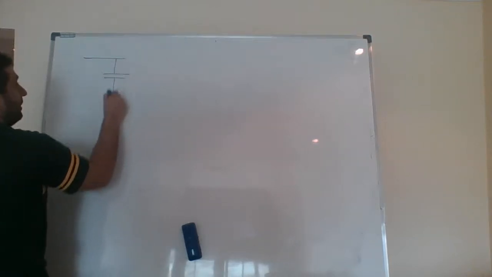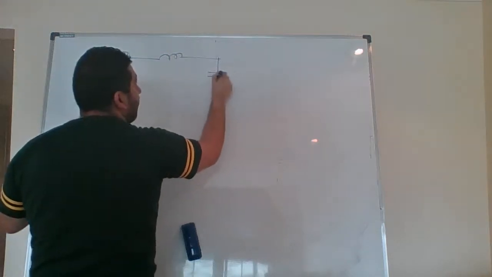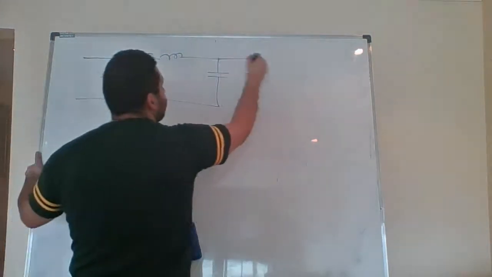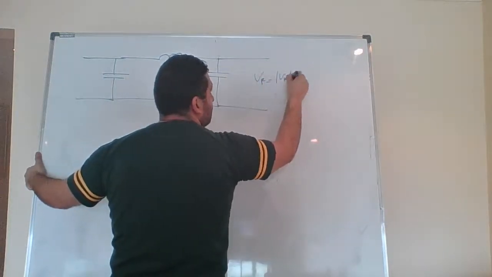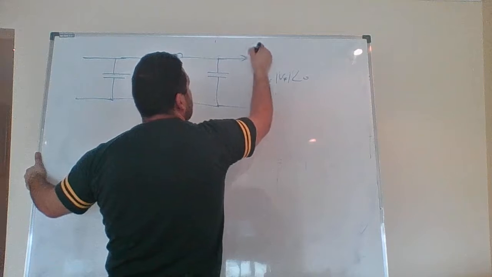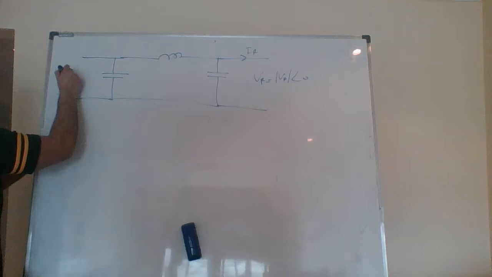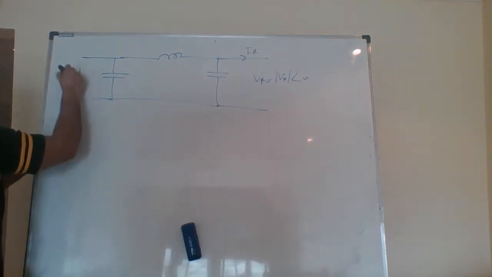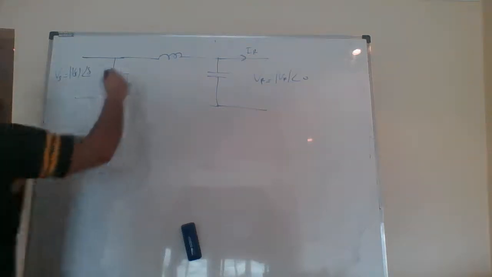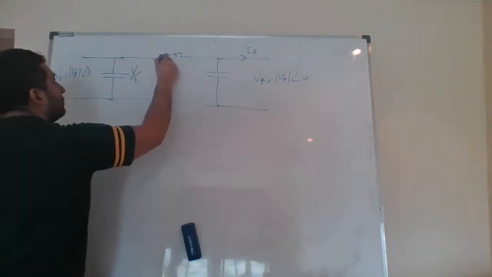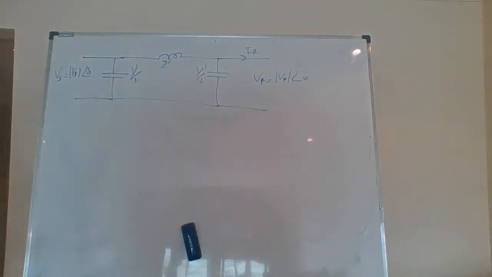I use a pi model. This is VR, equal to magnitude of voltage, angle 0. This is IR, and that's VS, equal to magnitude of VS, angle of delta. This is y dash over 2, z dash, y dash over 2.